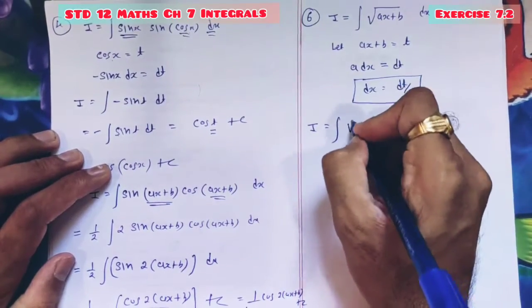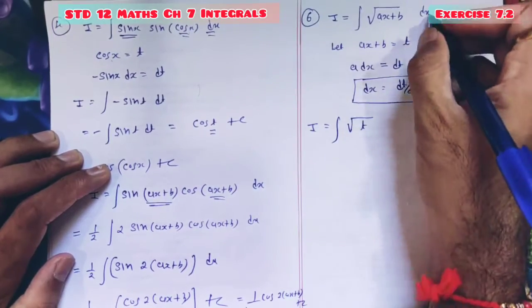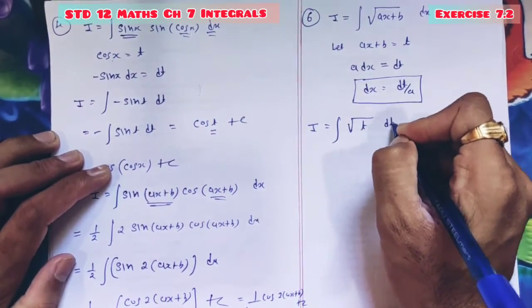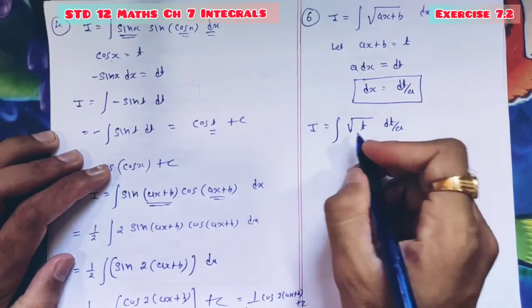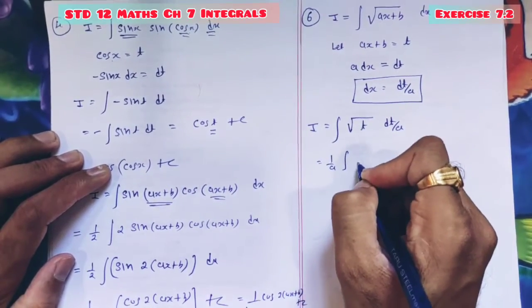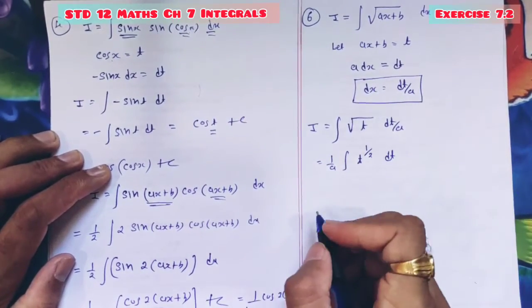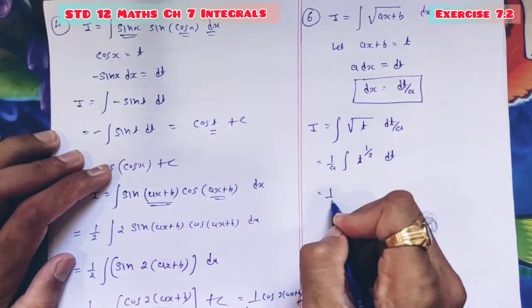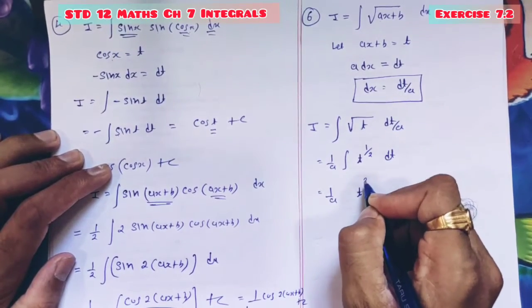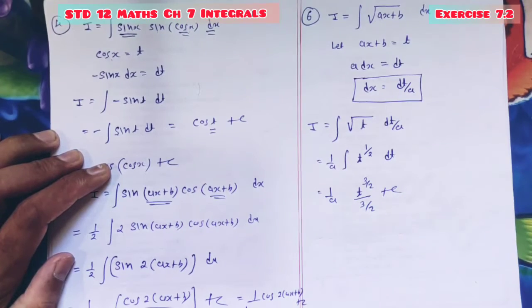So what is our integration? Integration I, square root of ax plus b, ax plus b is t, and dx is dt by a. Taking this a as a constant, it's 1 upon a integration of t raised to 1 by 2 with dt. So what will its integration be? t raised to 3 by 2 upon 3 by 2 plus c.